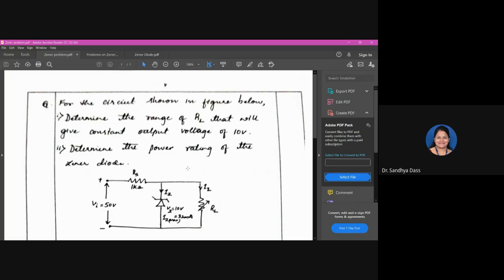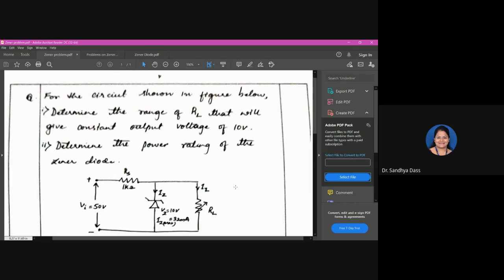Ma'am, what is the current given there? Current is not given. The input voltage is here. This IZ max is 32 milliamps. Okay, let me read all the parameters there.